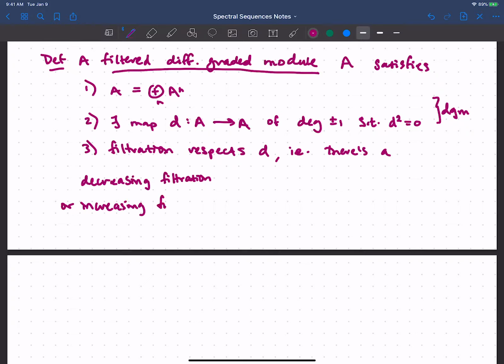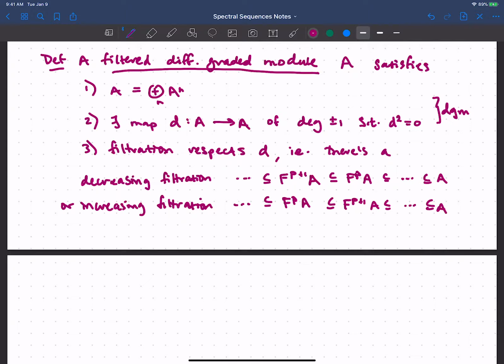You can probably guess what that means, but let me write it out really explicitly. So I've got some F^{p+1}A, my filtered component that lives inside F^pA, and so on, and all includes to A. Or I've got an increasing filtration that I'm just going to index the other way. So here F_p would include into F_{p+1}.